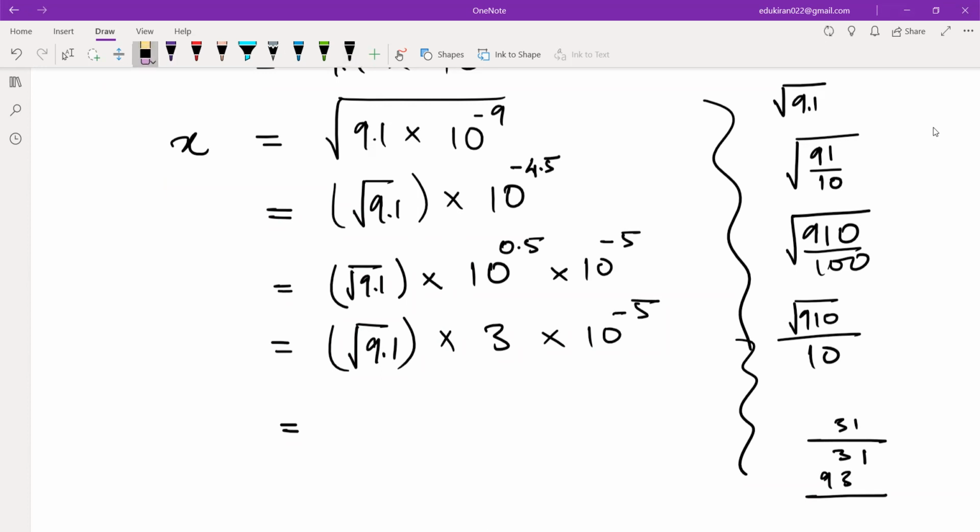That means it will be 30 point something.